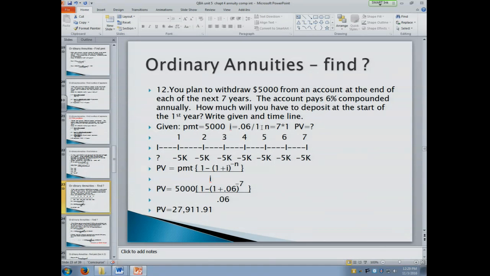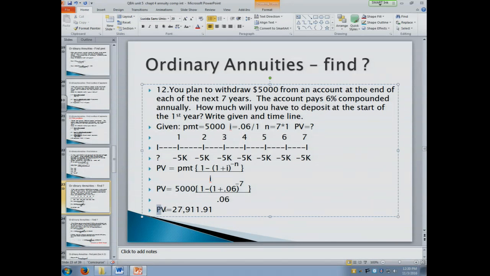Interest is 6% divided by 1 and N is 7 times 1. And we're looking for the present value. You want to withdraw $5,000 at the end of the year. Maybe you're retiring. But what do you have to deposit today? So you're looking for a present value with a payment of $5,000, interest rate of 6% for 7 years.